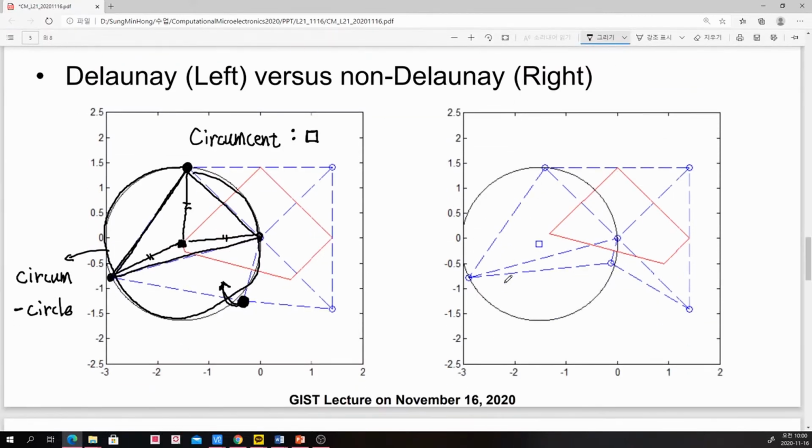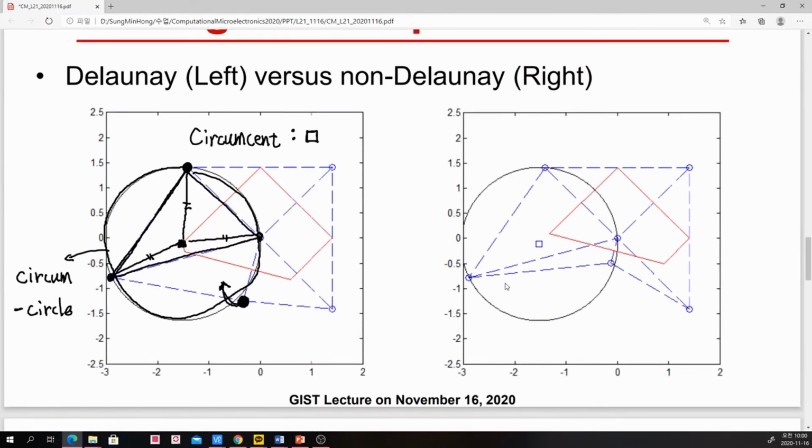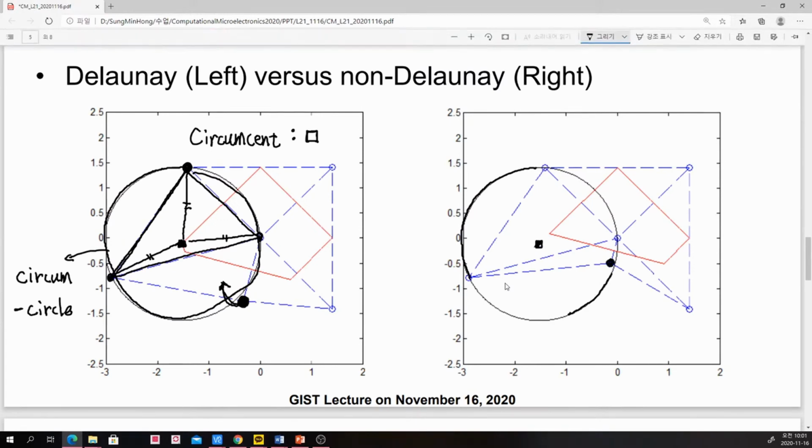This right example just shows the counterexample. Here we have the same circumcenter, and this black circle corresponds to the circumcircle. However, you can easily find that this node is inside the circumcircle.